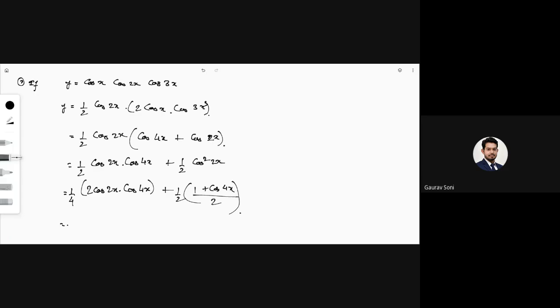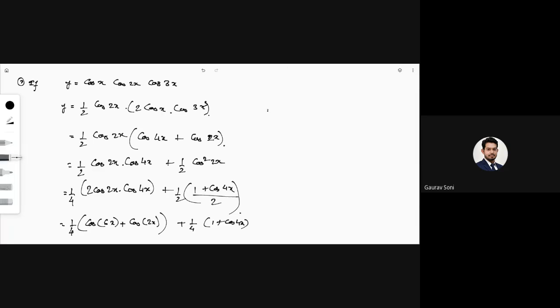So that will be 1 by 4 in bracket cos of A plus B, that will be 6x, plus B minus A for 2x, plus 1 by 4 in bracket 1 plus cos of 4x.